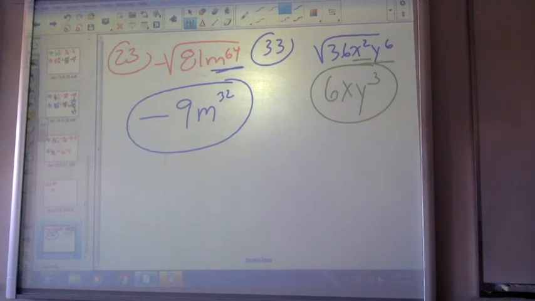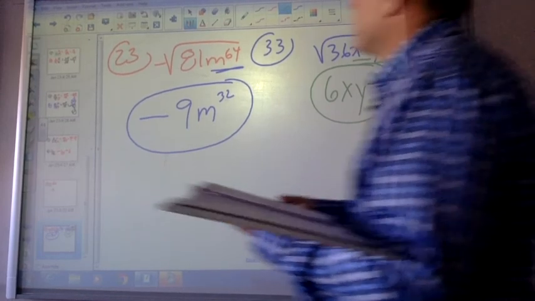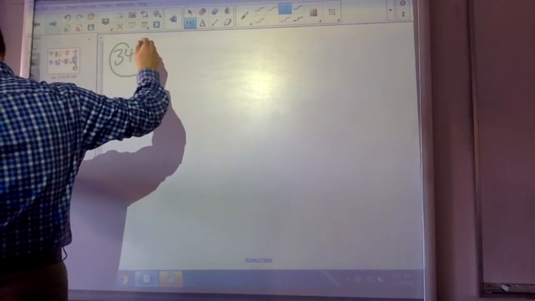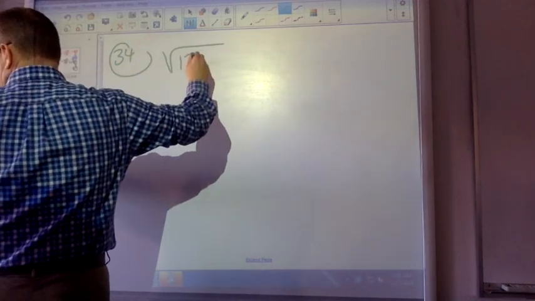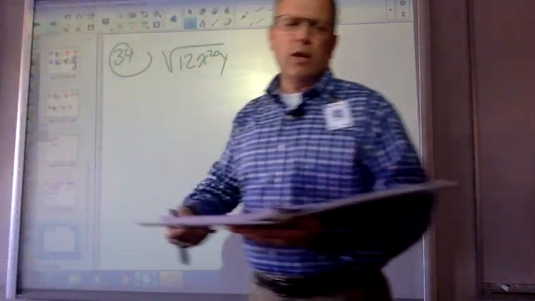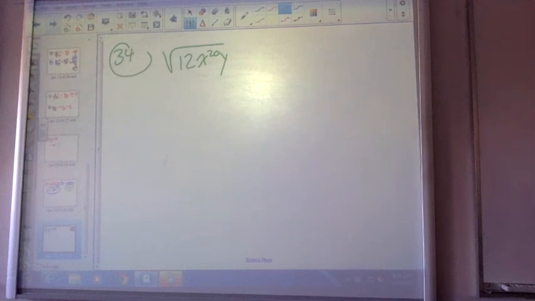Okay. What else do we have up to 35? 34? Square root of 12, x to the 20th y. Okay, 12's not a perfect square, but a perfect square times another number would give me 12. 4 and 3, where 4 is a perfect square, right?